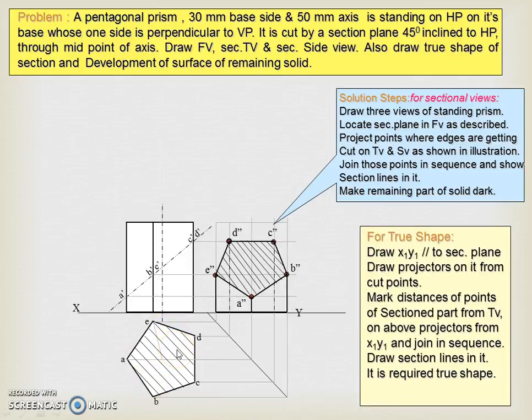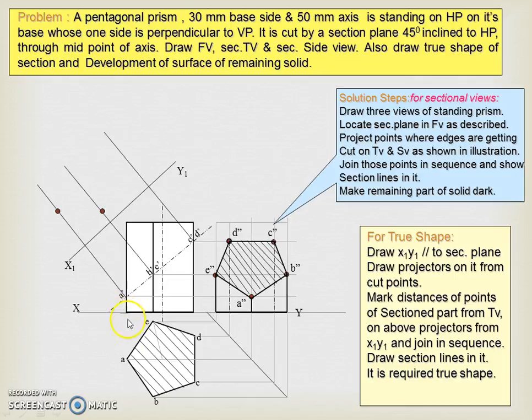Now we have to draw the true shape of the section. As we have already discussed, if the plane is inclined, the plane parallel to the cutting plane will give the true shape of the section. So x1 y1 is the new plane parallel to the cutting plane, and just project from each and every point and mark the distances of the top view from the XY plane onto the x1 y1 plane.